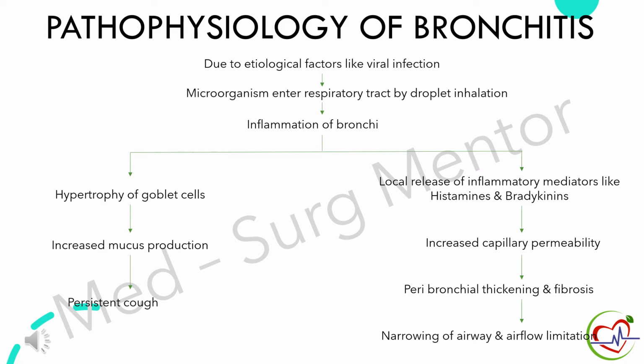Simultaneously, due to the inflammatory process, there is local release of inflammatory mediators like histamines and bradykinin, leading to increased capillary permeability. Gradually, in chronic bronchitis, there is buildup of scar tissue due to the damage of airways. It leads to peribronchial thickening and fibrosis, resulting in airway narrowing and airflow limitation.